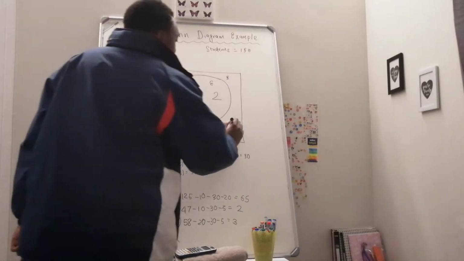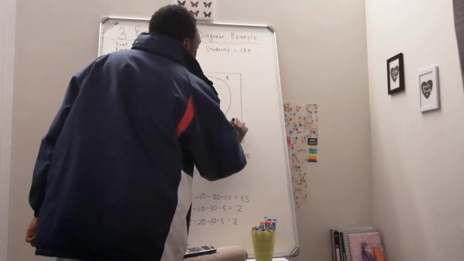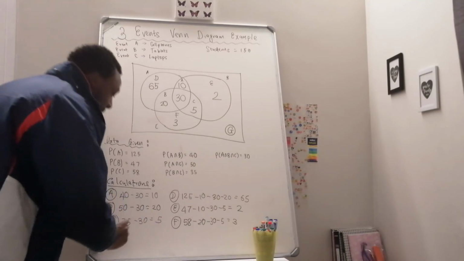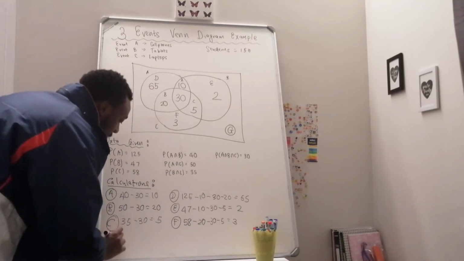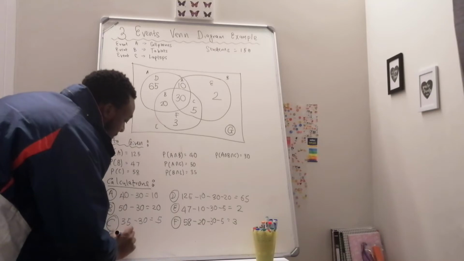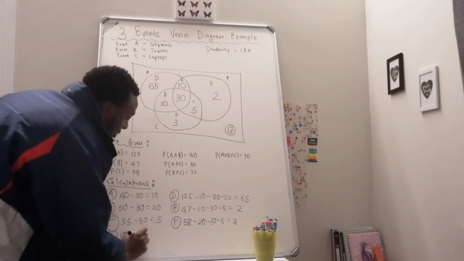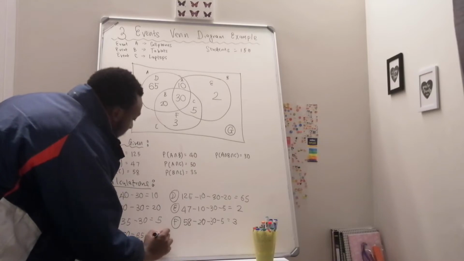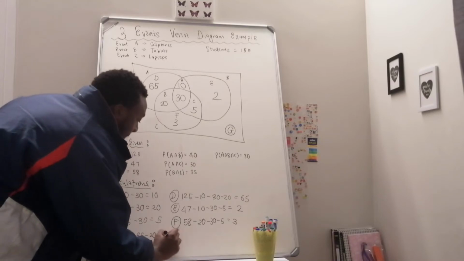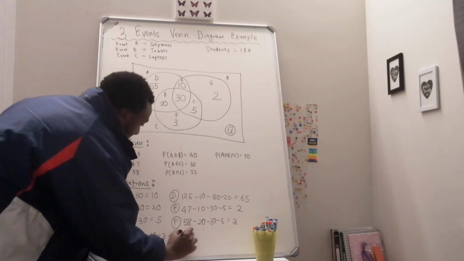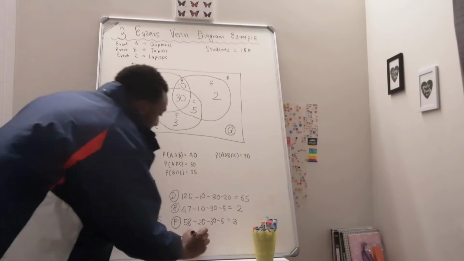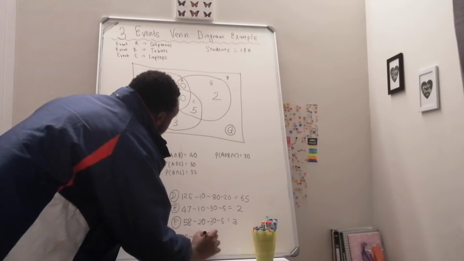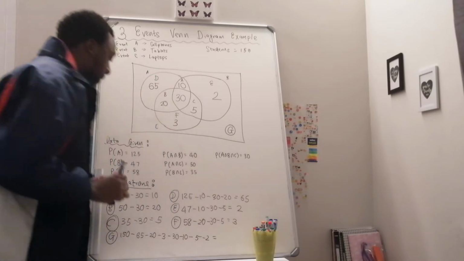Let me call this area G. For G, we say 150 minus 65, 20, and the rest.